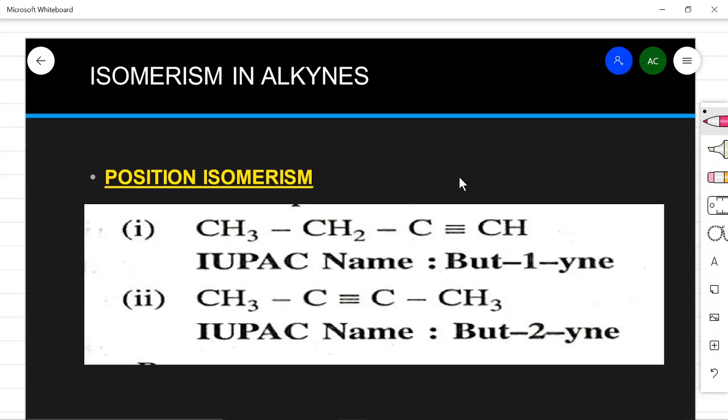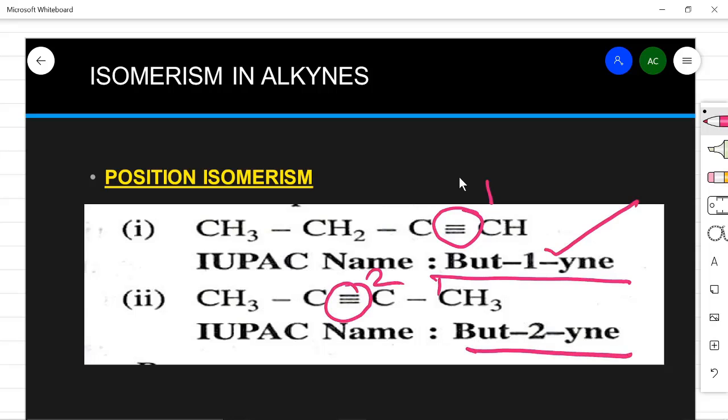Then we see isomerism in alkynes. They show both position isomerism as well as chain isomerism. Let's see the example of position isomerism here. The position of this triple bond is on number 1, so this is but-1-yne, and this is on 2, so this is but-2-yne.